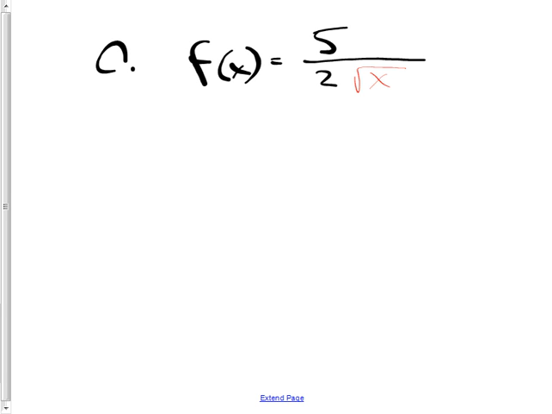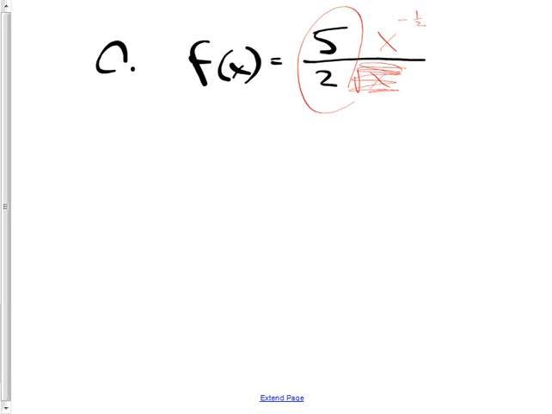It's really x to the what power? To the 1/2. And then if I move it to the top, yep, it'll be x to the negative 1/2. The reason it's to the 1/2 power is because it was a square root. The reason it's negative is because we moved it to the top. Now that that's done, it's easy. What's the power? Negative 1/2, and what's the constant? 5 halves. Very good.